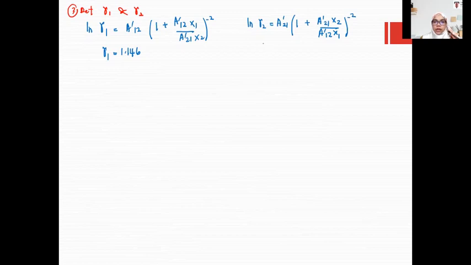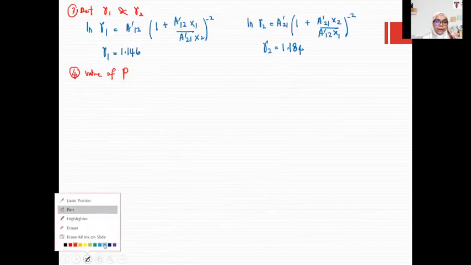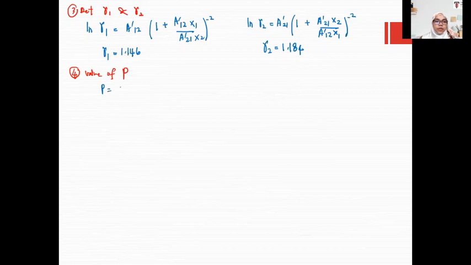So you can get gamma 2 equal to 1.184. So you can determine the value of P from the equation P equals X1 gamma 1 P1 saturation plus X2 gamma 2 P2 saturation.